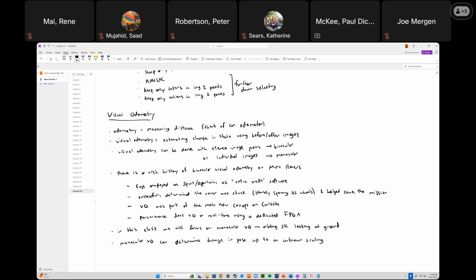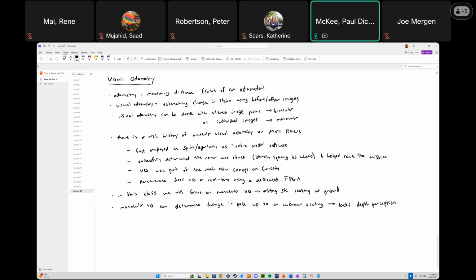So basically it lacks depth perception, just like a Cyclops, right? So you cannot directly estimate position or velocity. You can only get the direction of motion, or DOM.